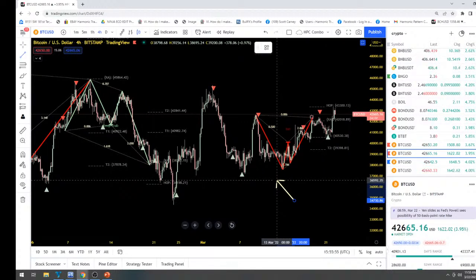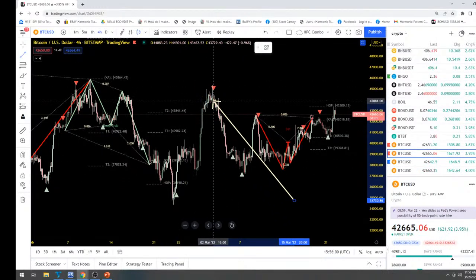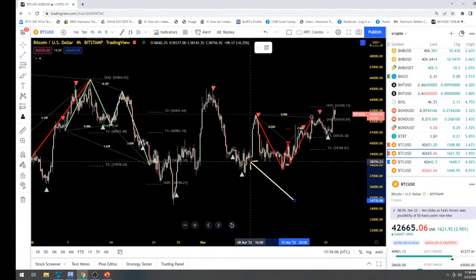But this reaction from the 25th up until March 2nd, that was your primary type 1 move, and then come back down for the full retest, and that starts the type 2 reversal, which is, we're still there.